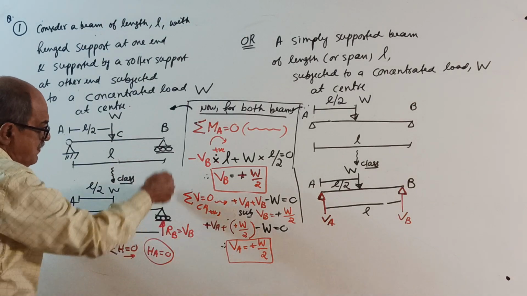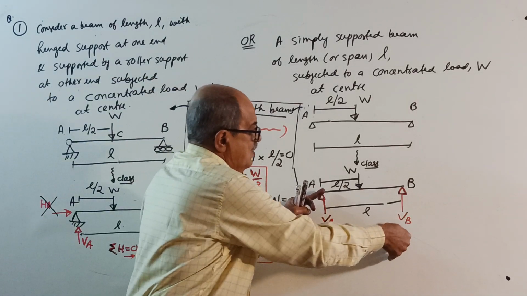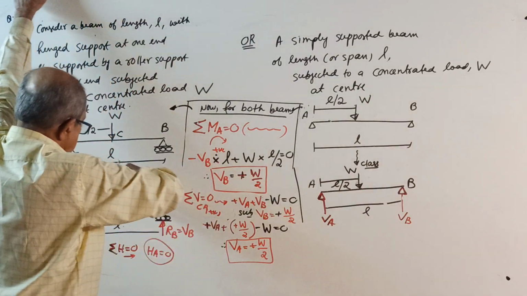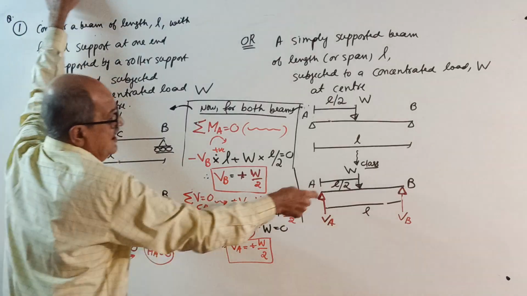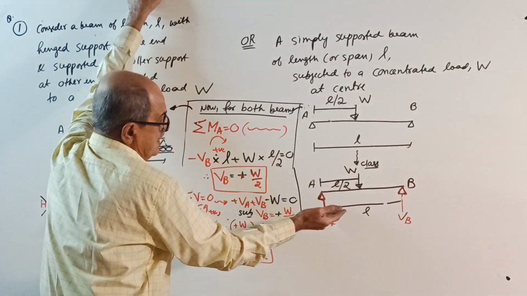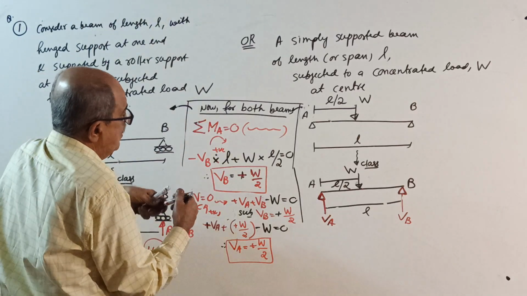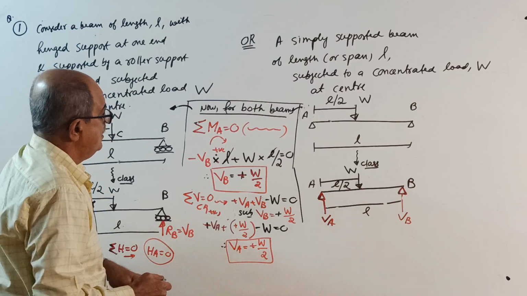So, VB into L, anticlockwise, so minus. Plus, clockwise, W into L by 2. Both beams are the same, equal to 0. Now when you simplify, L and L cancel.